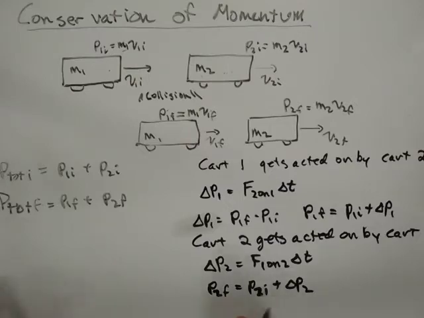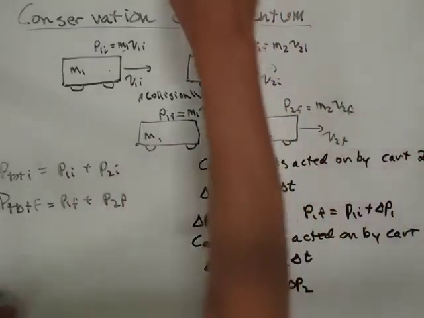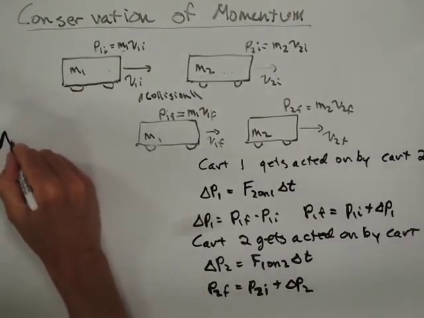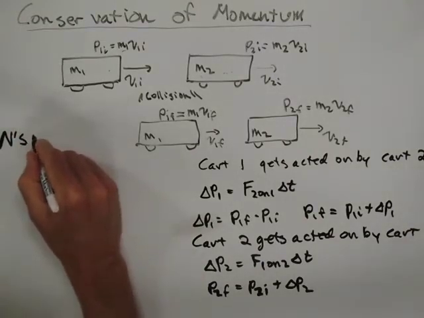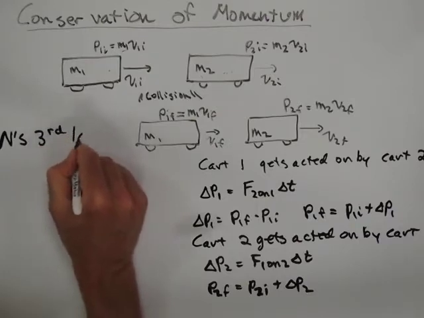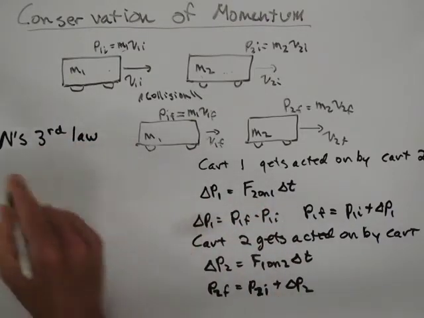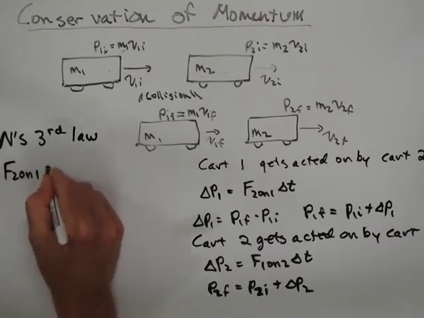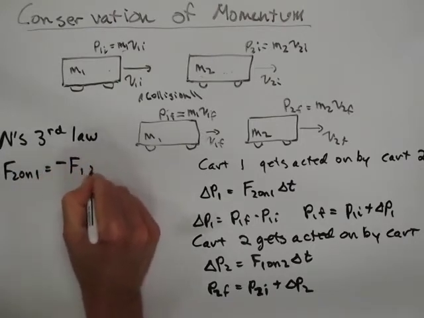Now here's the thing. I'm going to have to erase this over here for a second. According to Newton's third law, the action-reaction law, these two are equal and opposite forces. So F2 on 1 is equal and opposite to F1 on 2.